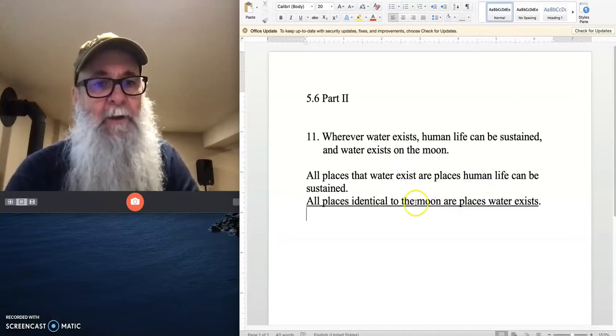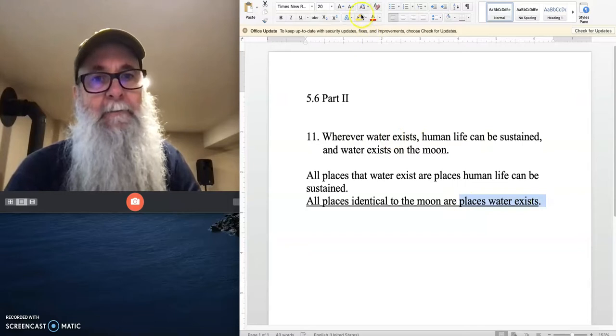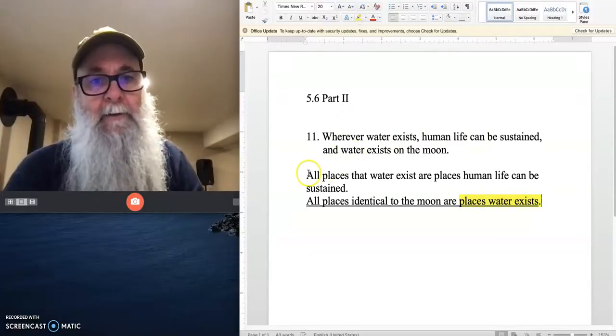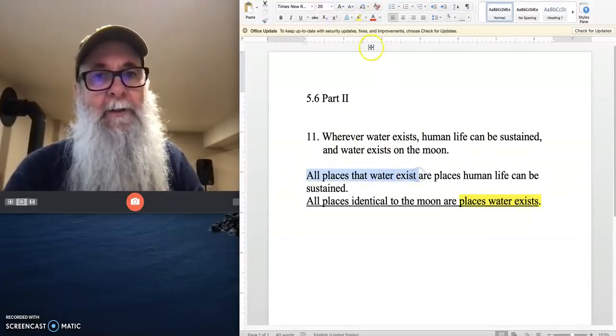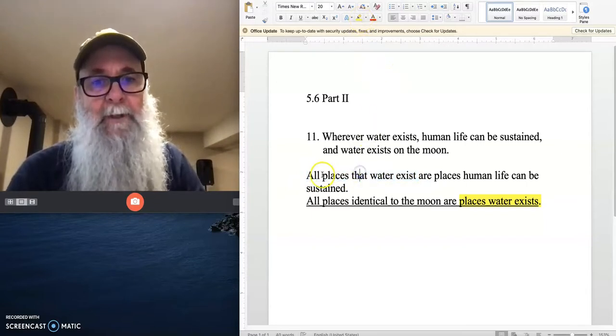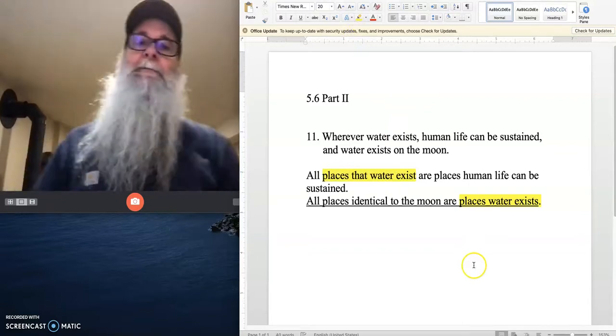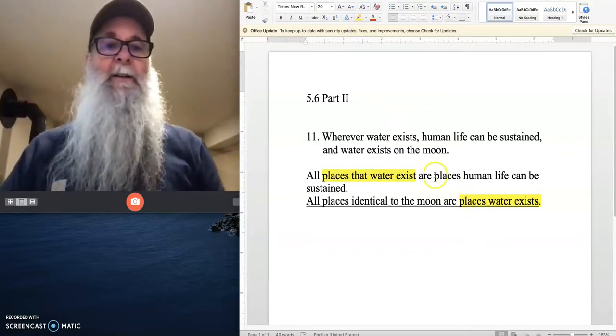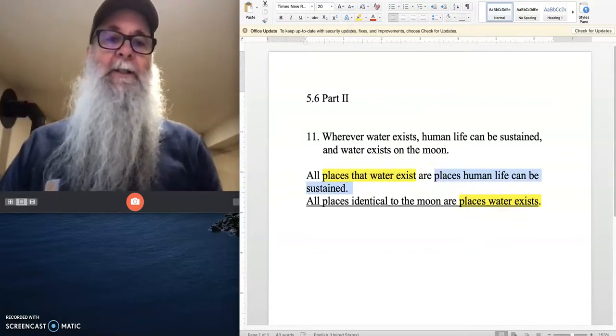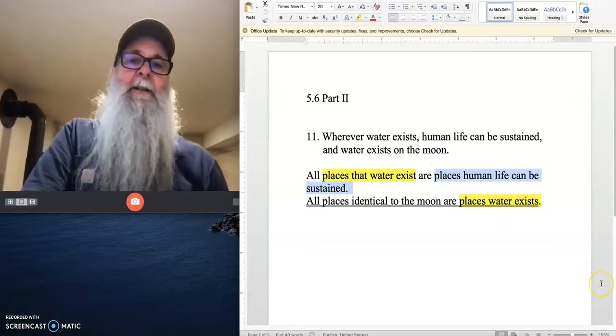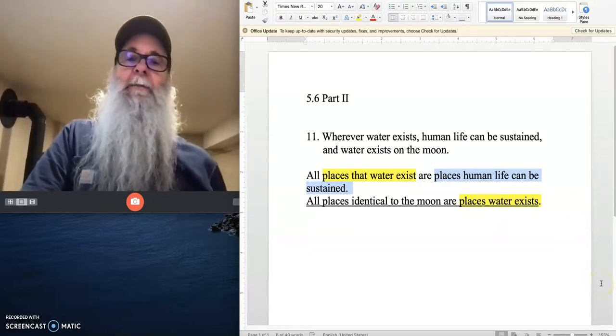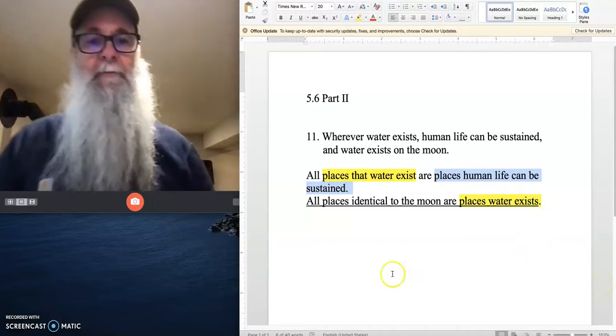So places water exists, right here, and right here. There's your middle term, okay? So we know that that's not going to be a term in the conclusion. We know instead that this term, places human life can be sustained, is only appearing once so far, so it's going to be in the conclusion, okay?